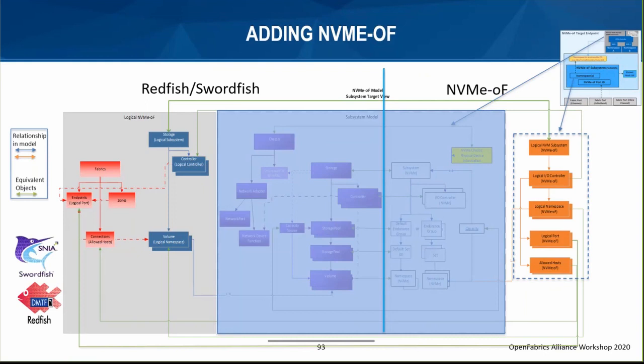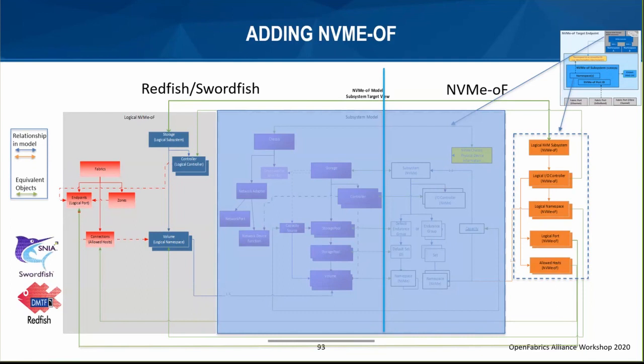And those are all constructed using the underlying resources. For example, a logical NVMe over Fabrics namespace is constructed using some of the underlying namespaces. Basically, like Phil said, the NVMe over Fabrics subsystem is an abstraction over the underlying NVMe so that it can be exported and the remote NVMe host or initiator can access it. So we can see that we have the corresponding mappings into the Redfish and Swordfish world.